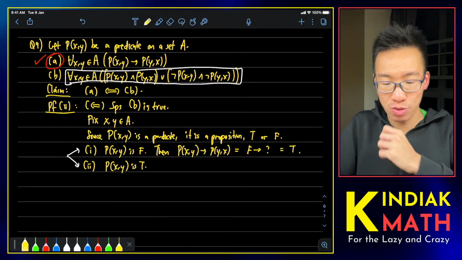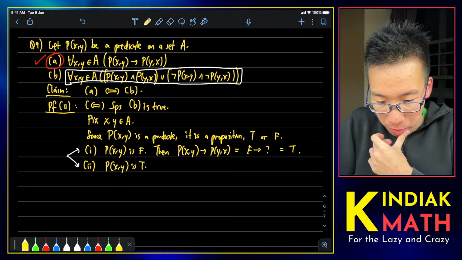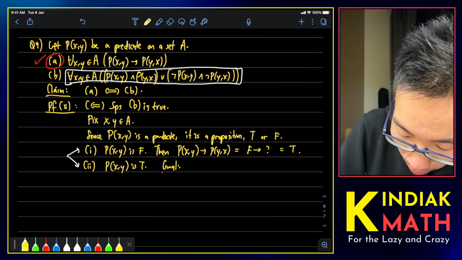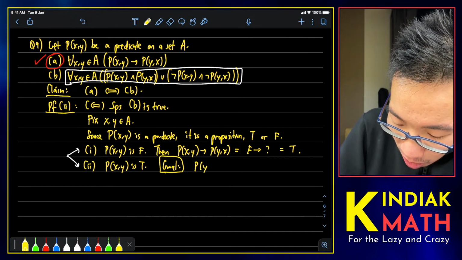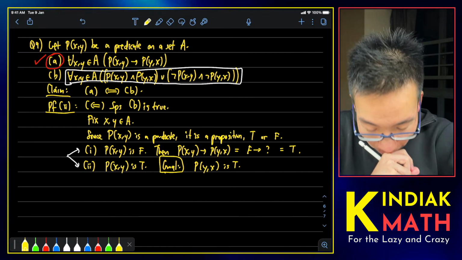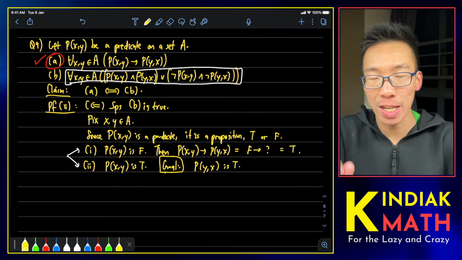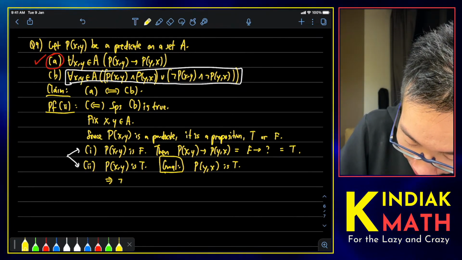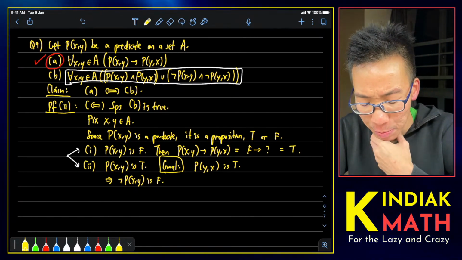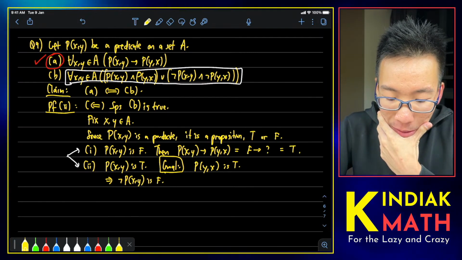And if Pxy is true, well, what can we do? What's our goal? Our goal is to show that Pyx is true. Now, how do we go about that? Well, we know that if Pxy is true, then the negation of Pxy is false. And at this point, it feels like I don't really know how to proceed. But what have we not used?